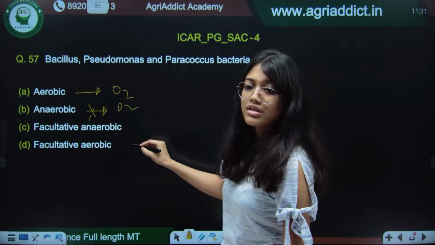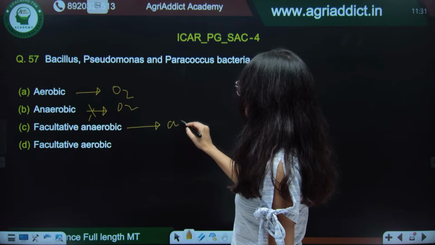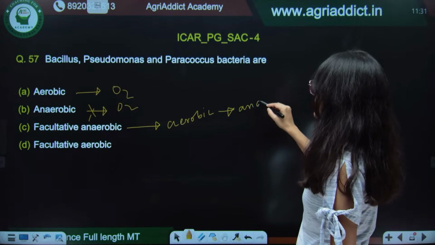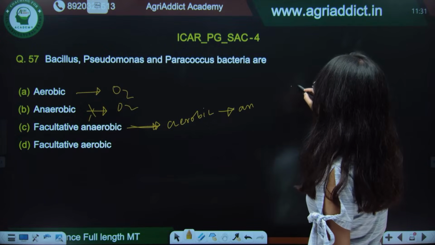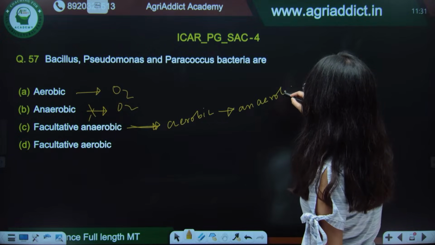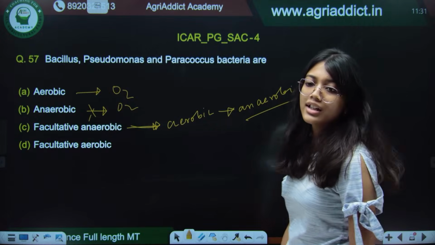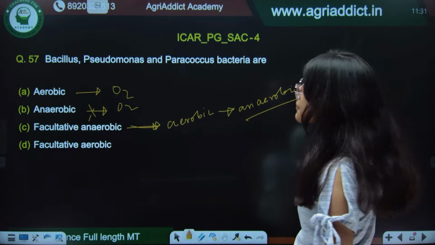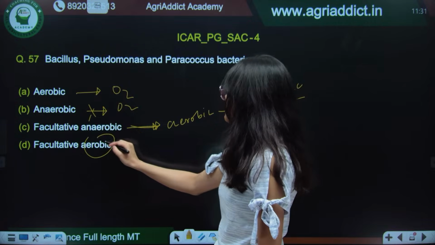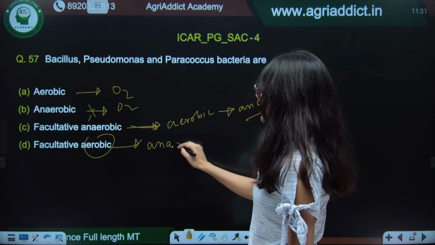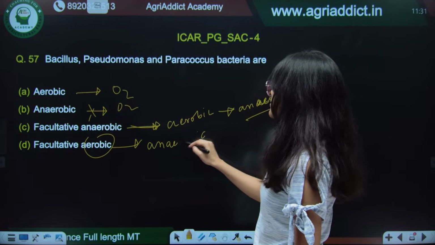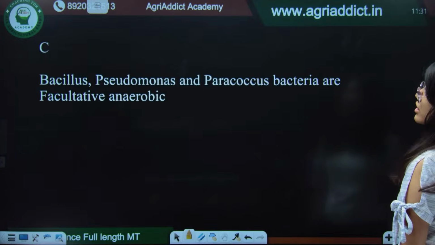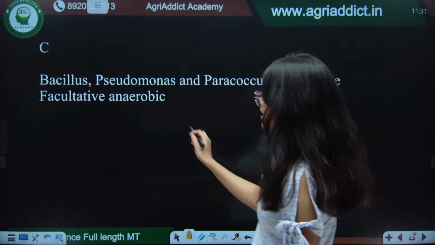Facultative anaerobes means that they are originally aerobic, but they can shift to anaerobic conditions whenever there is an absence of a substrate. Facultative aerobic means they will be originally anaerobic in nature. So C is the correct answer.